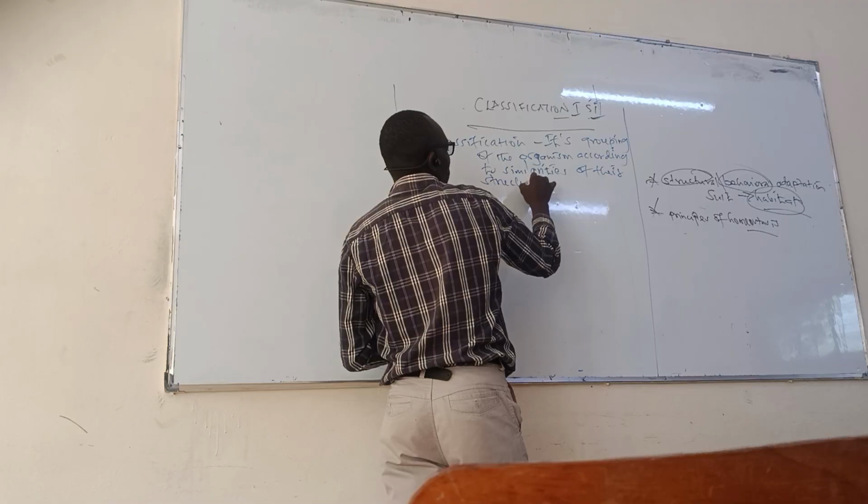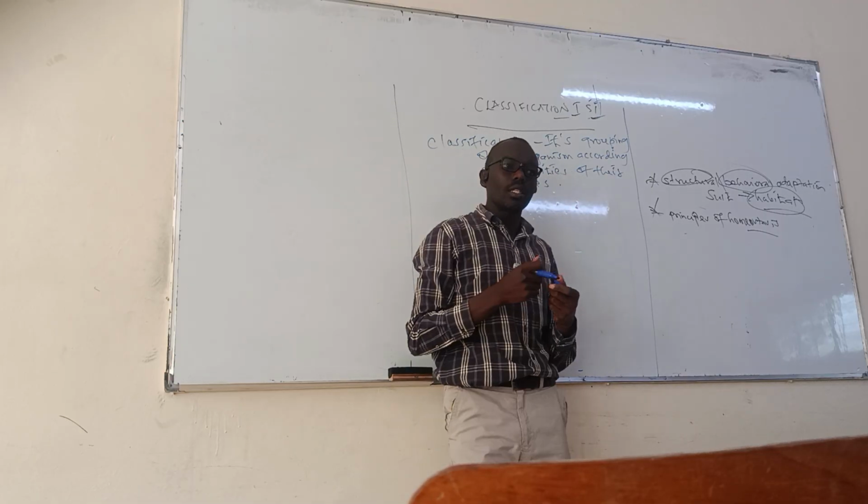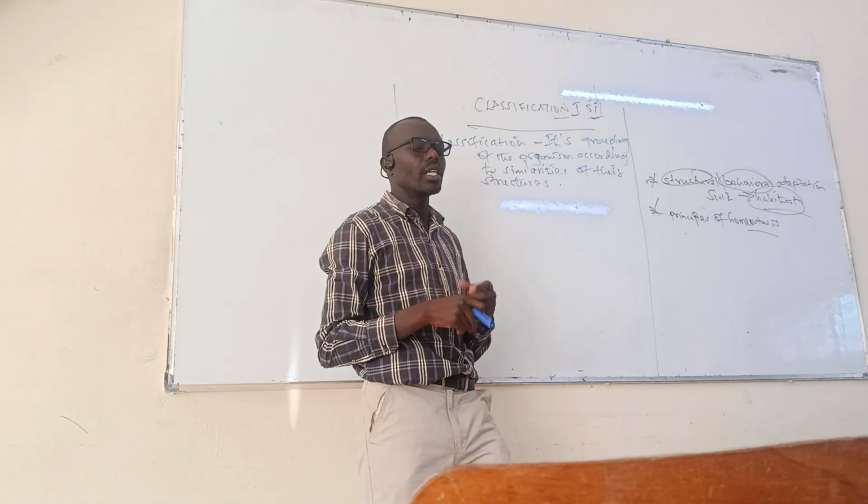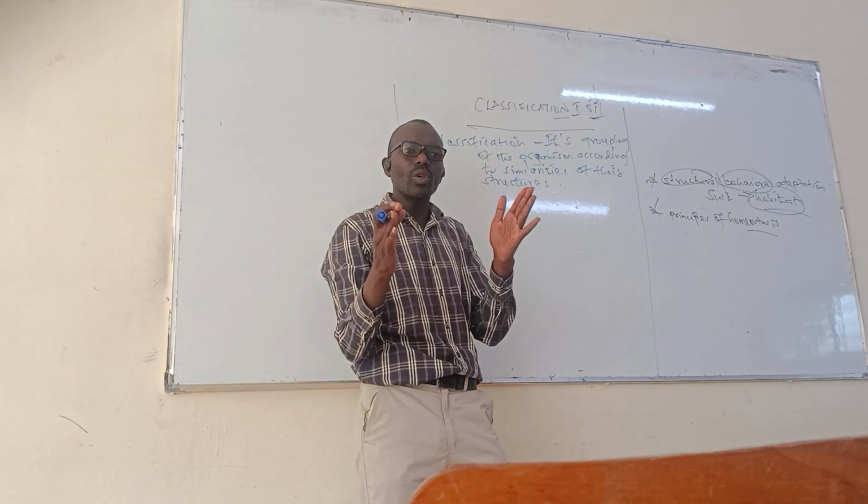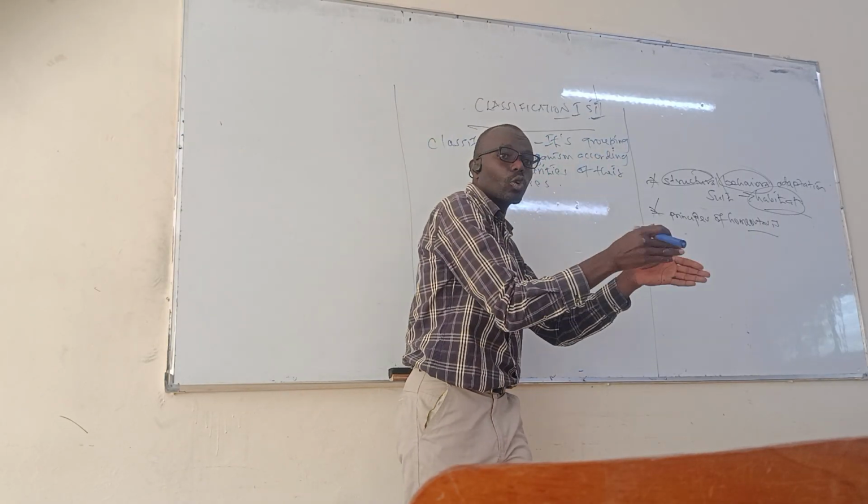So basically what we do here, we look at the organisms and we look at the structures that these organisms have. Those organisms with similar structures, we put them in one group.